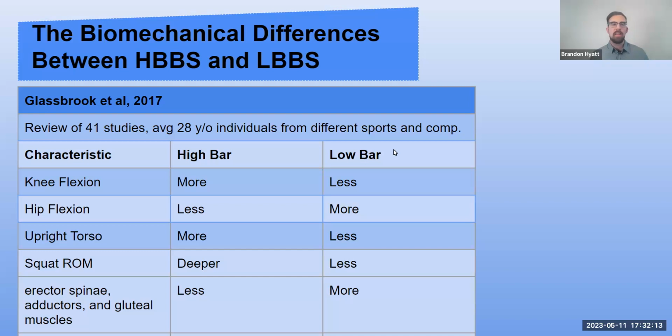So in the practical application of this meta-analysis, I pulled this data to put in this table, and they said that practitioners who are seeking to develop posterior chain musculature, which would be gluteals, hamstrings, and erectors, may seek to use the low bar.